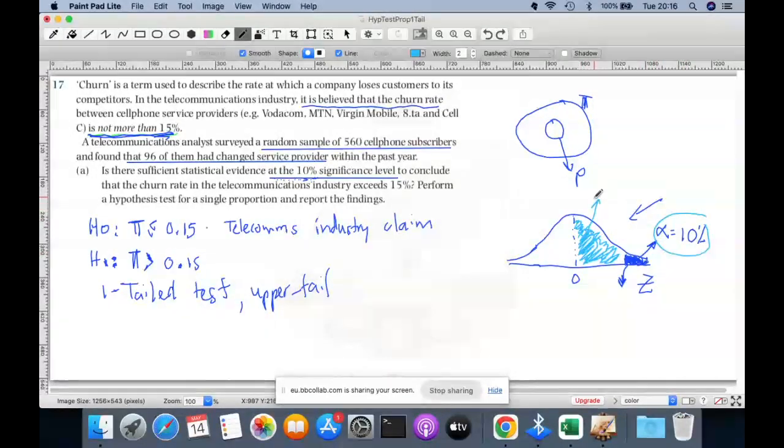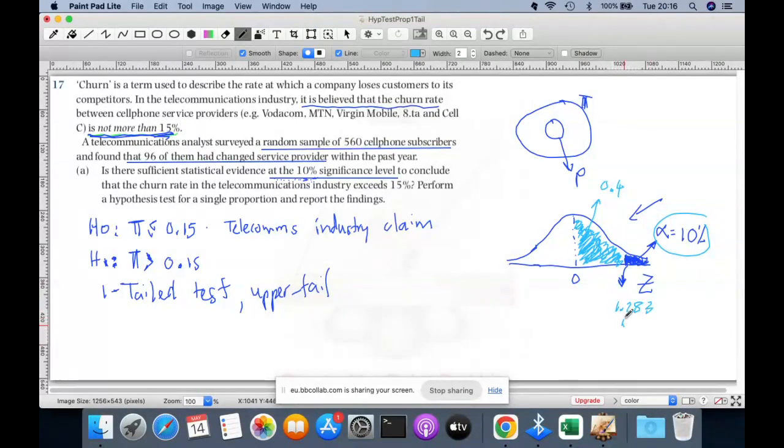So the remaining area is 0.5 minus 10%, which is 40%, so 0.4. You need to find the Z value that corresponds with an area of 0.4. If you go to your table, you'd find that value is 1.283.